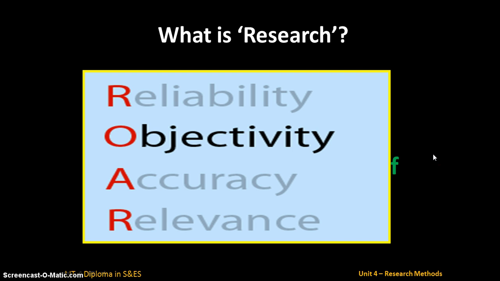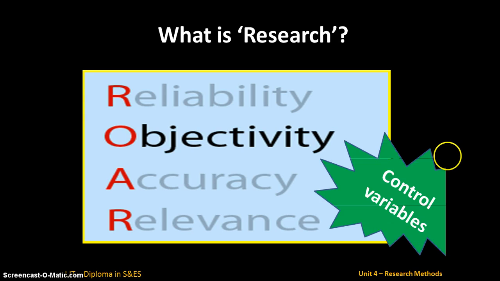A lot of research can be biased either by the researcher or by the participants, and it's really important that we have things in place to make your research data collection and interpretation as objective, as factual as possible. And to do that, you need to try to control as many variables as you can. So take away things that might affect your results, that you don't want to affect your results.